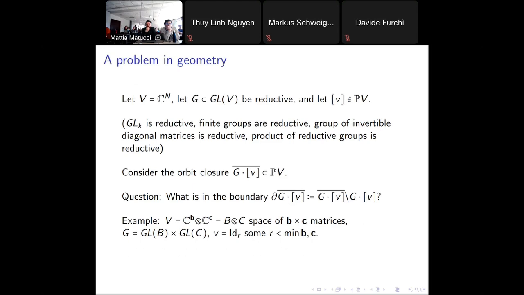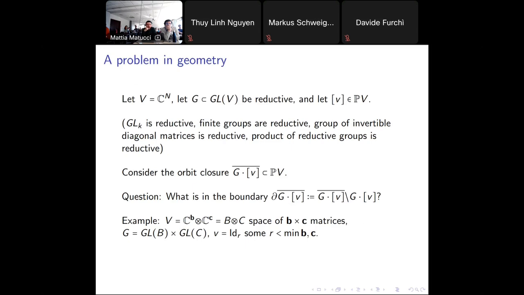And I meant to ask you, what is its orbit closure? So I take a matrix that looks like this, 1, 1, and then zeros everywhere else. There's r ones. What is its orbit closure? Or what is the boundary?